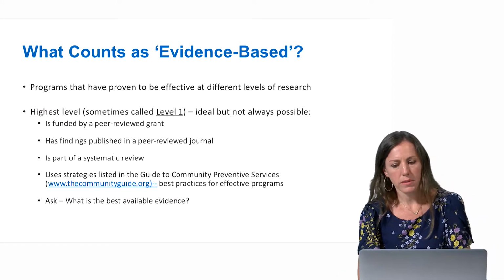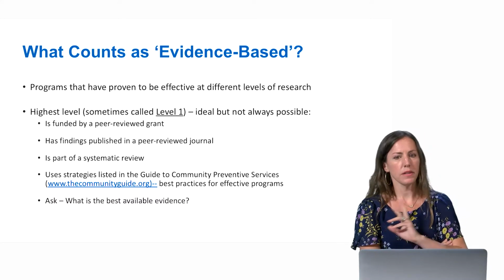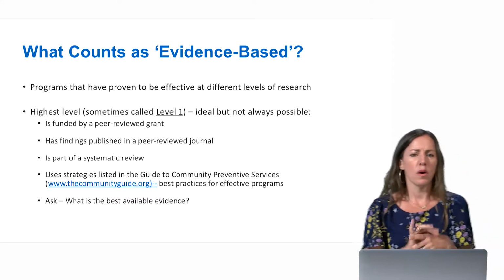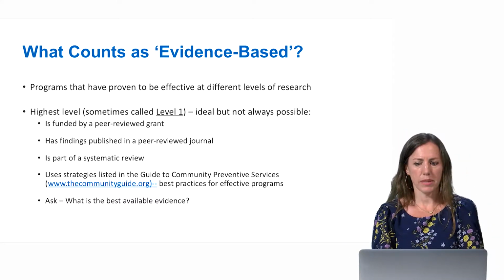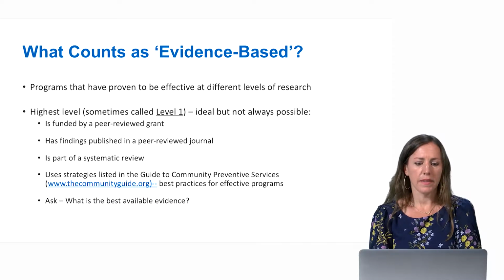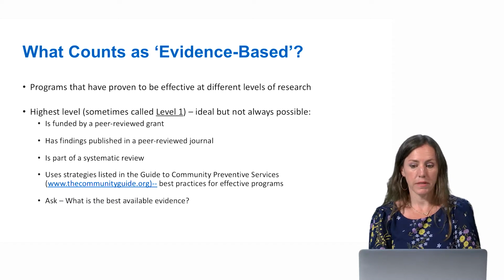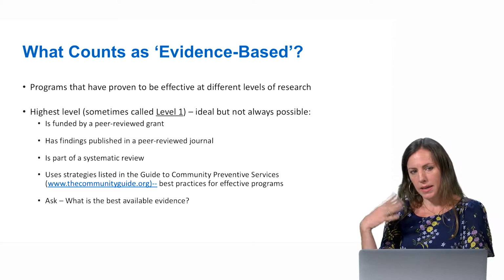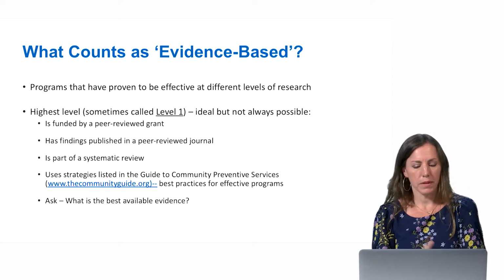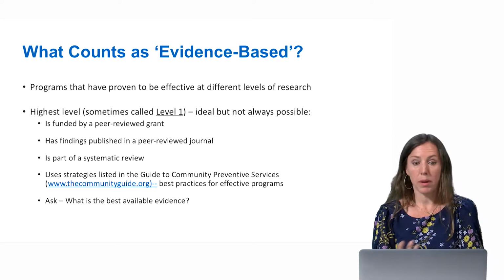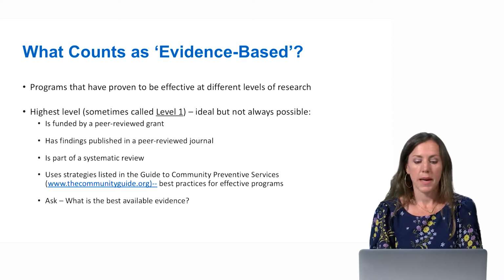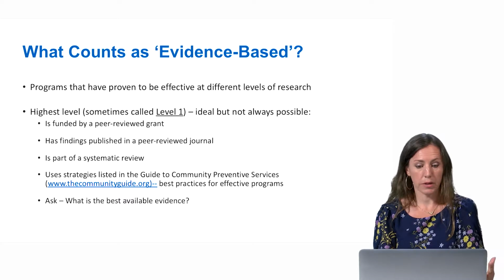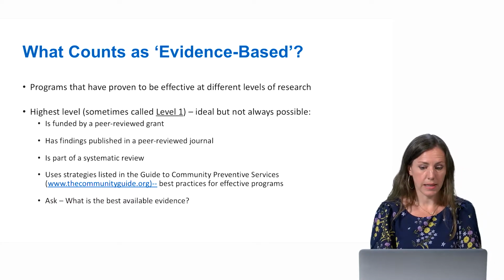So, what counts as evidence-based? Thinking from an implementation science lens, these are programs that have been proven to be effective at different levels of research. The highest level is not always possible. That would be one that's been funded by a peer-reviewed grant, published in a peer-reviewed journal, and might be included as part of a systematic review of interventions or guidelines.